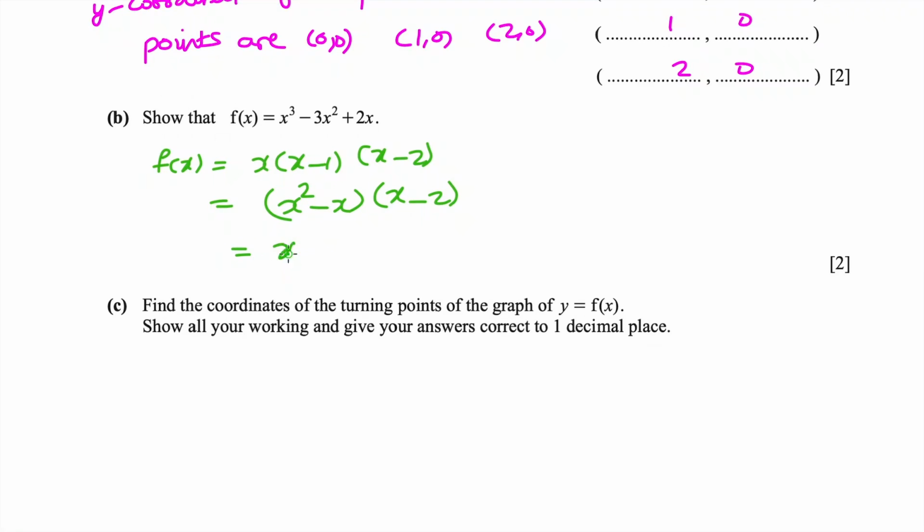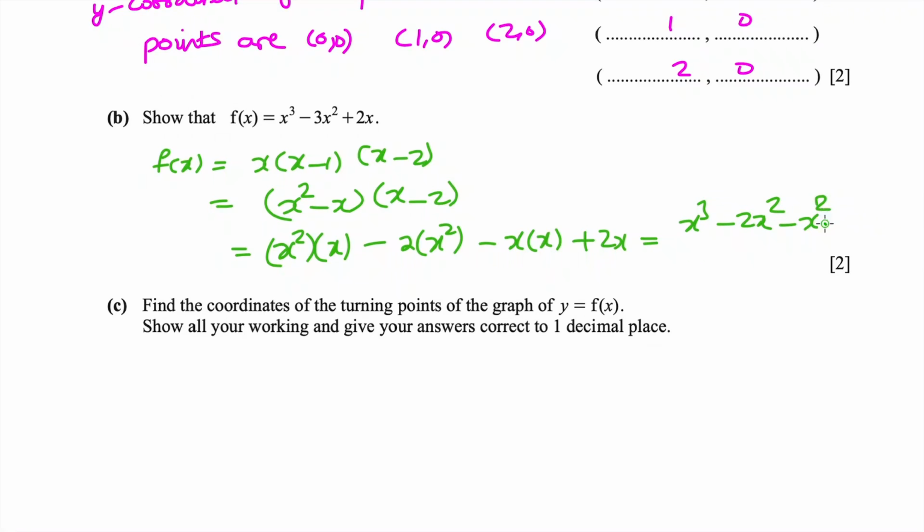This is x square into x minus 2, into x square minus x into x minus 2x, or minus into minus is plus. So x cube minus 2x square minus x square plus 2x, and this will turn out to be x cube minus 3x square plus 2x, and that is what they want us to prove.